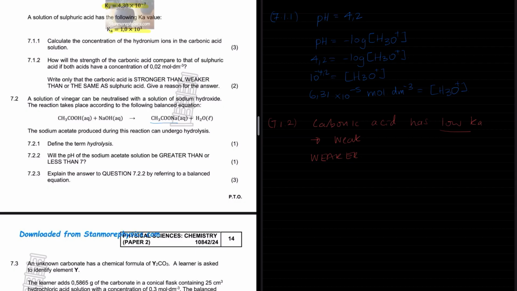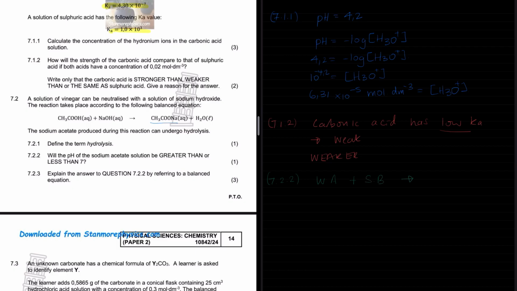Will the pH of the sodium acetate solution be greater than 7 or less than 7? And explain the answer. Okay, so question 7.2.2. If we look at the reaction, we have vinegar. So vinegar is a weak acid and sodium hydroxide is a strong base.